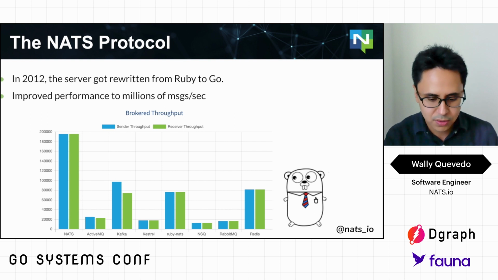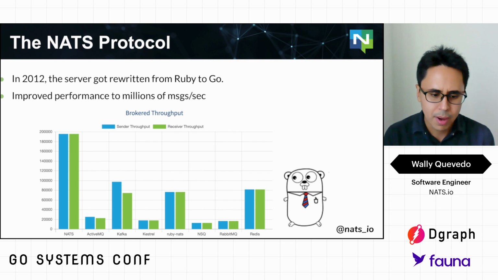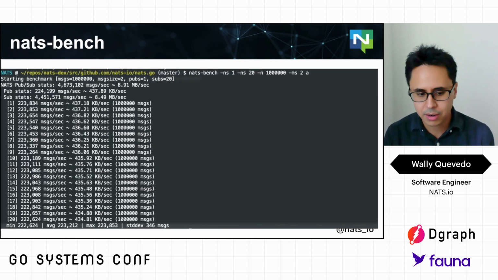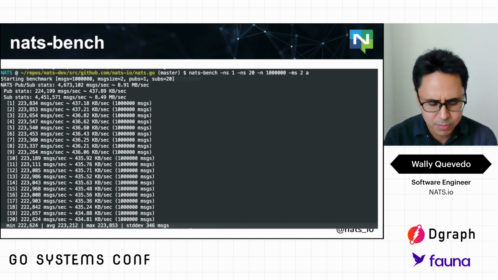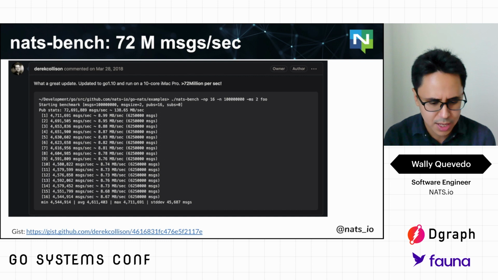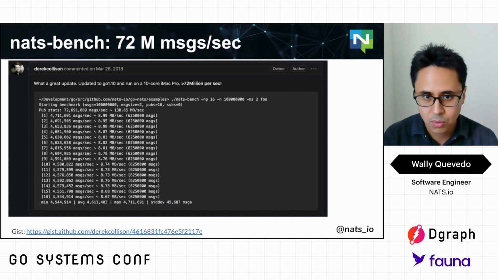The Go NATS server can send millions of messages per second. On my laptop, I can get something around 4 million messages per second with small payloads, and a machine like Derek's can send around 70 million messages per second. It would be really cool to see how it runs on one of the newer M1 machines, for example.